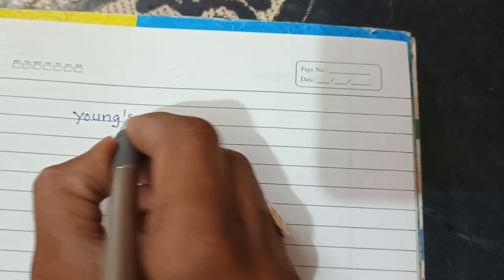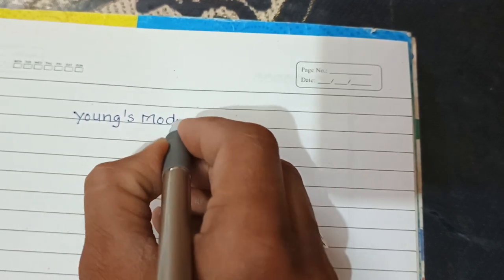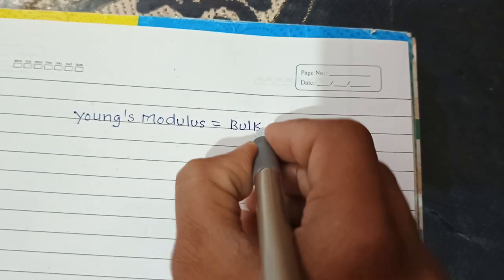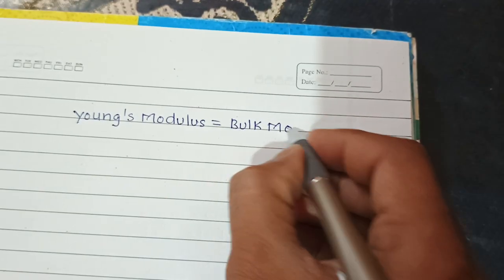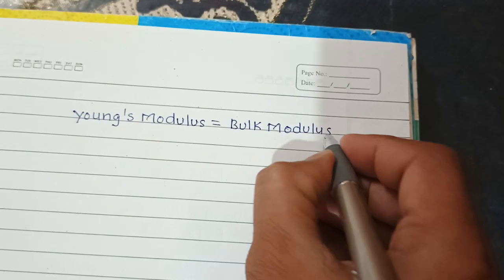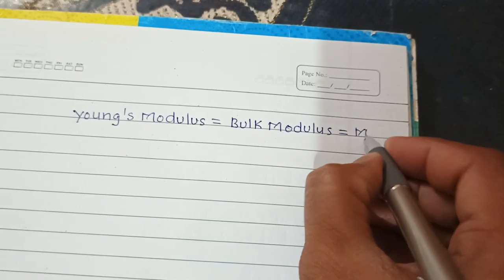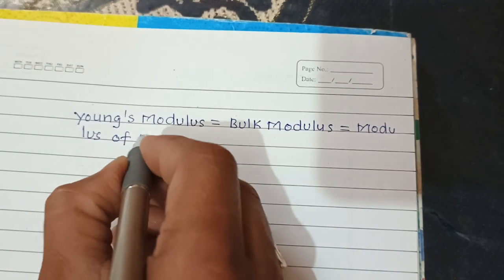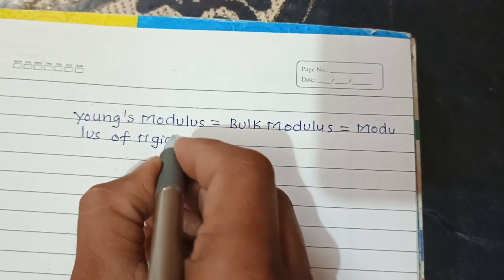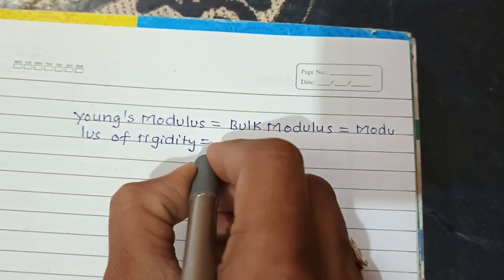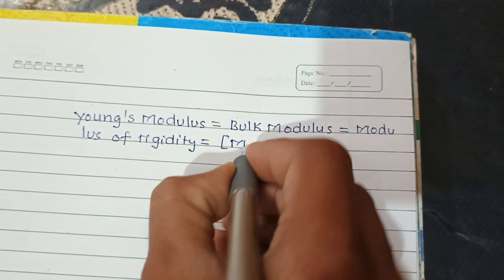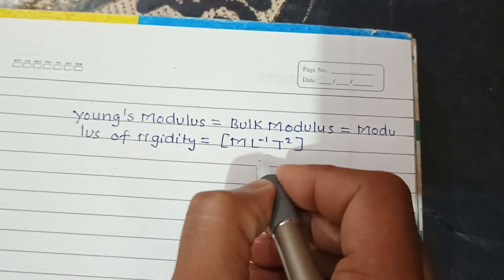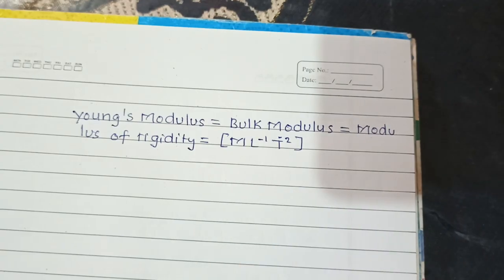Young's modulus, bulk modulus and modulus of rigidity have the same dimension.